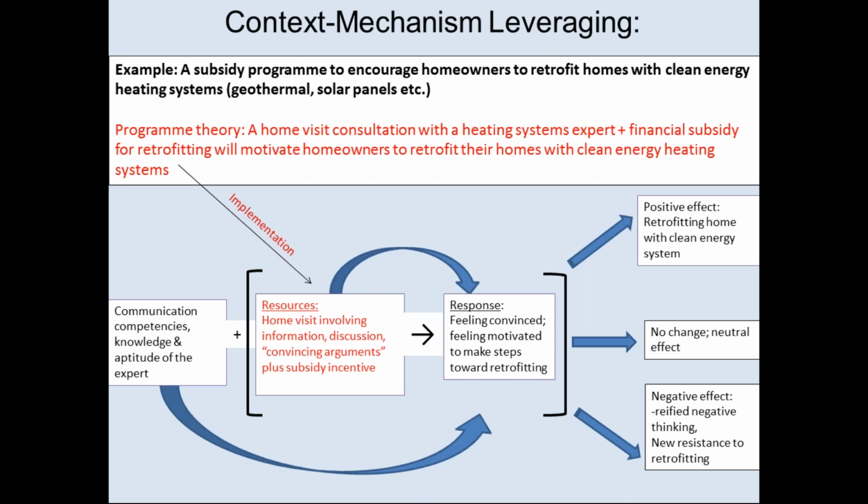Here, context takes on a different form, because in the previous example we were talking about resource poverty, hardship, stress, and the deficits that resource poverty creates in the context. Here, we're talking about context in terms of the communication competencies, knowledge, and aptitude of the expert.